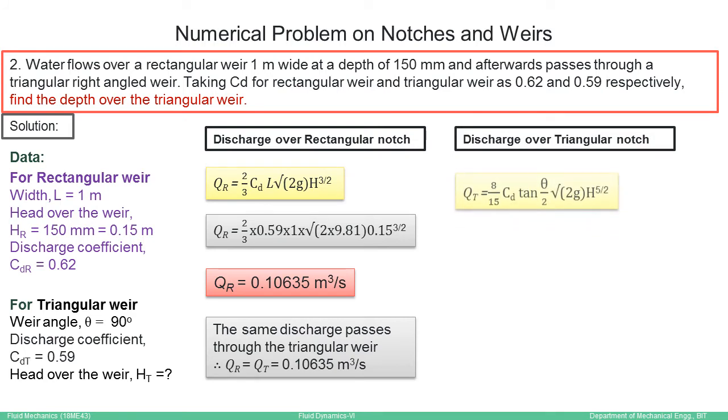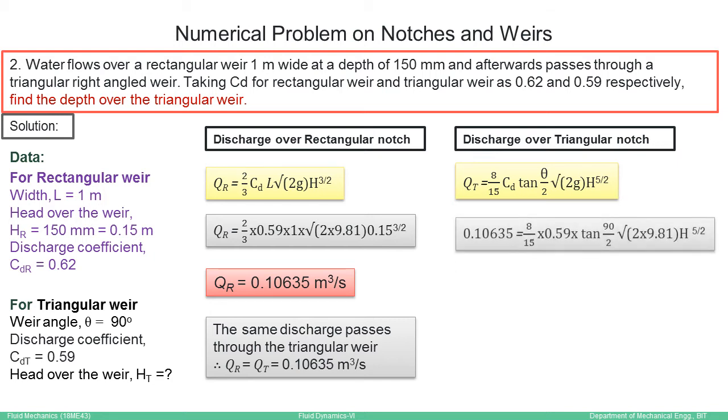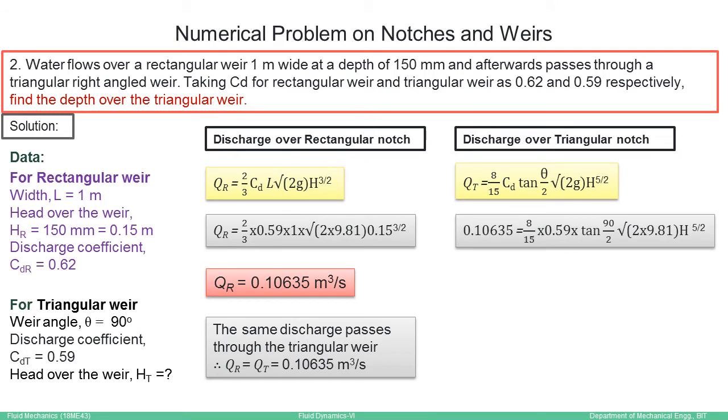So using the equation for discharge over triangular notch, 8 by 15 CD tan theta by 2 root of 2g h power 5 by 2, and substituting all those, the only unknown will be h. Remember, in solving this, first you have to find out the value of h power 5 by 2 and square the term, and the right hand side value will be h power 5.